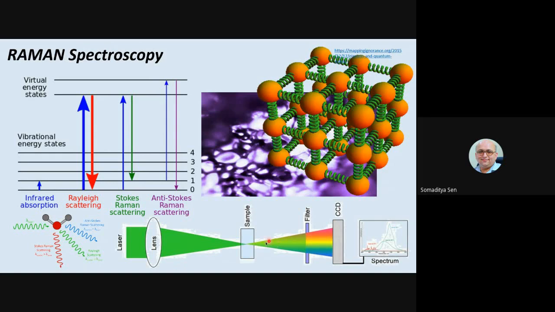Anyway, after the light comes out, there is a filter, and this filter just blocks out the Rayleigh scattering. It is a very low band where it does not allow the light to come out. You can see in this spectra you have a lot of peaks here, right?